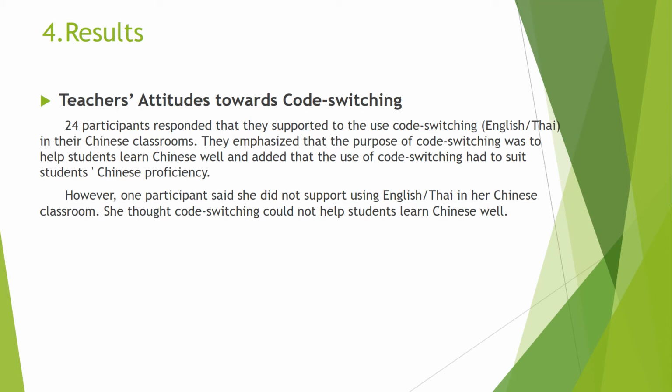They emphasized that the purpose of code switching was to help students learn Chinese well, and they also added that the use of code switching had to suit students' Chinese proficiency because different students have different proficiency levels. We have to use Chinese, English, or Thai according to students' proficiency.